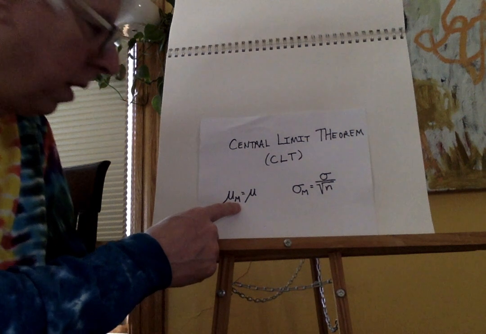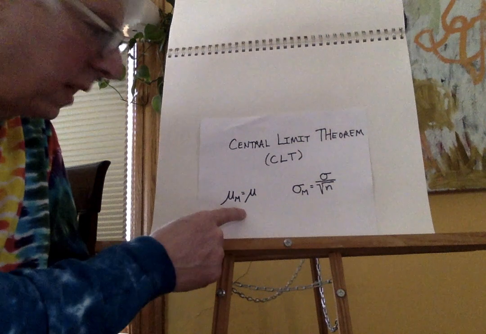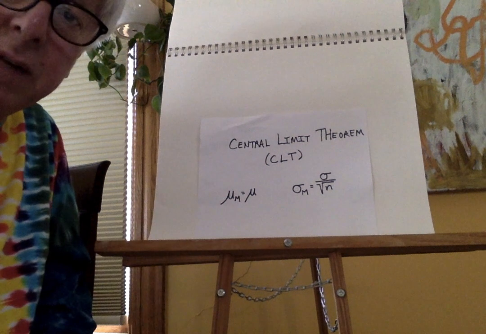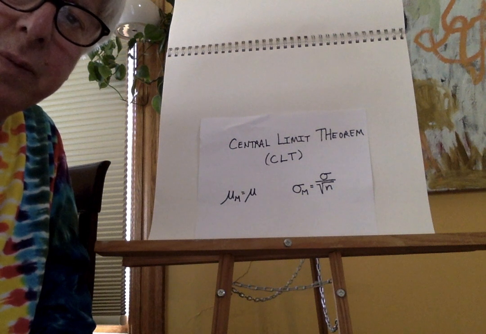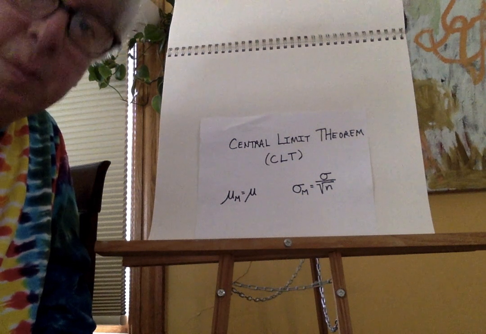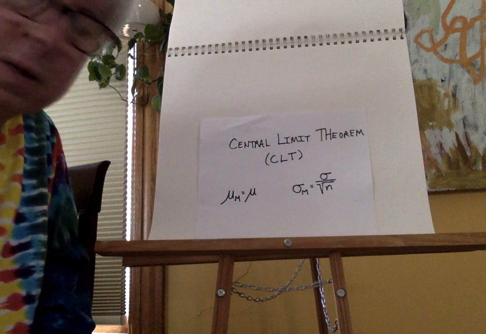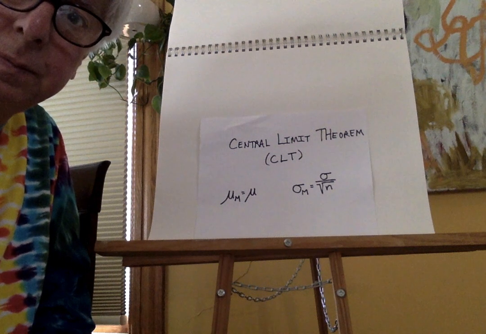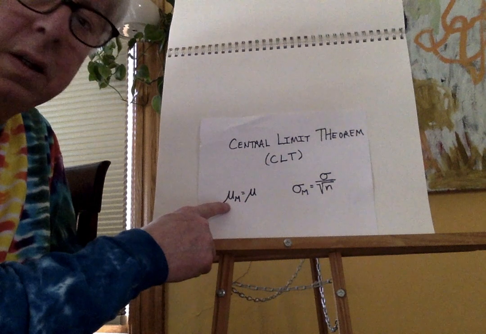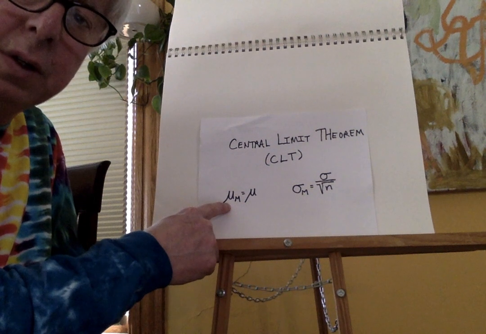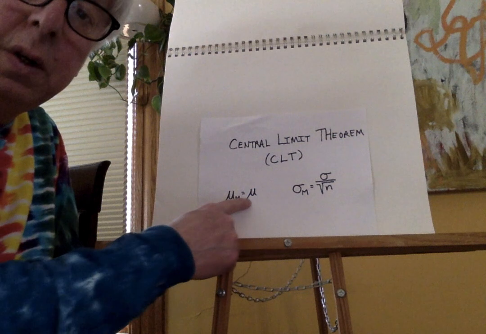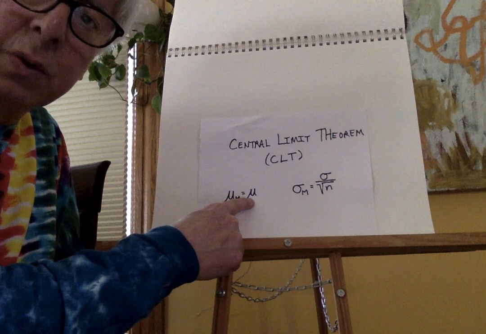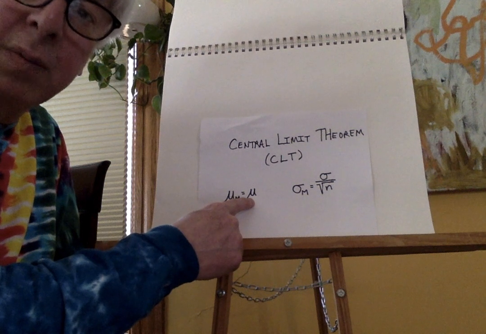Okay? And what this formula is telling me is that it will equal the mean of the individual scores. That is, the population of individual scores that we took the samples from. The mean of any sampling distribution is equal to the mean of the distribution of individual scores from which the sample was taken.